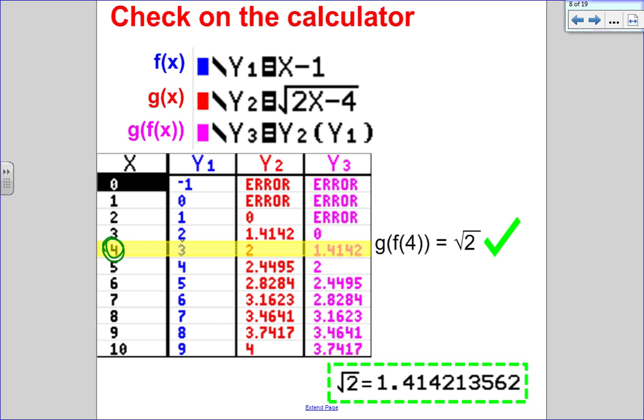Here is f of 4, this is g of 4, and this number here is g of f of 4. We got an answer of square root of 2. You can see on my calculator the square root of 2 is 1.412 rounded, so I know that I did that correctly.